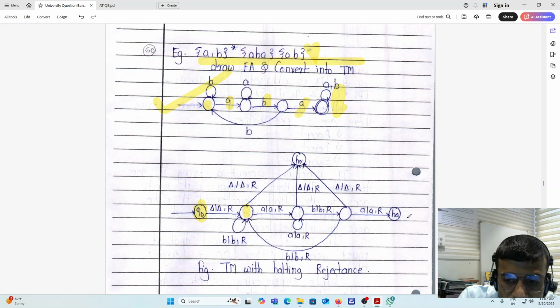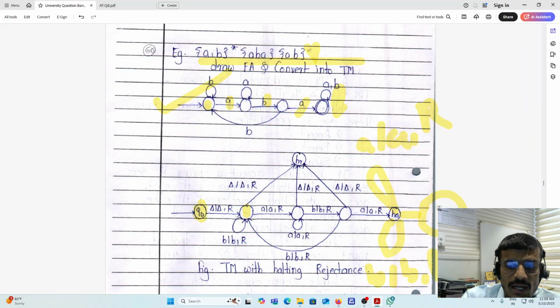Again, one more thing you have to add over here. Here should not be halting acceptance. Here we have to take another state. That should be the halting acceptance, and this should be A comma B. So you can go with A slash A comma R, and over here again B slash B comma R, and this will be your halting acceptance.